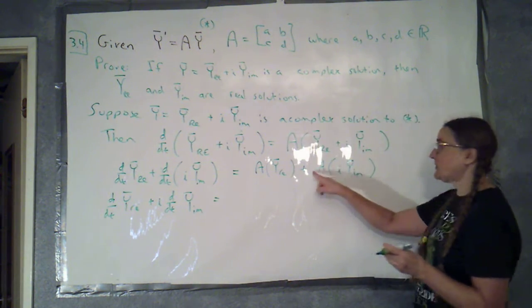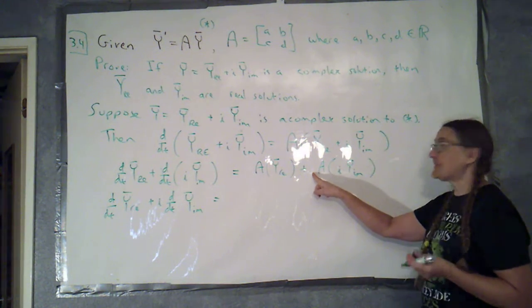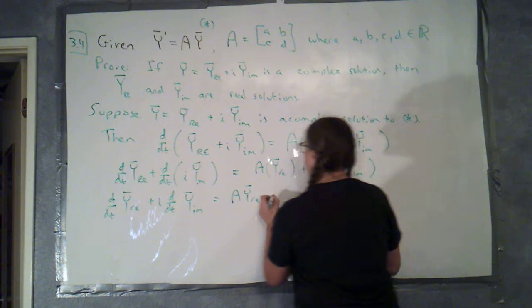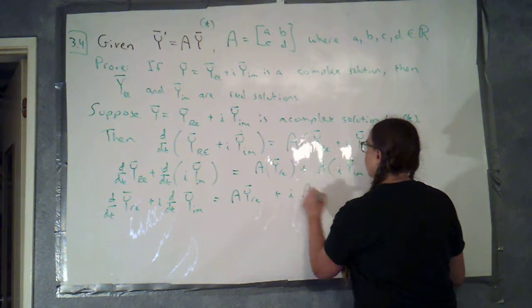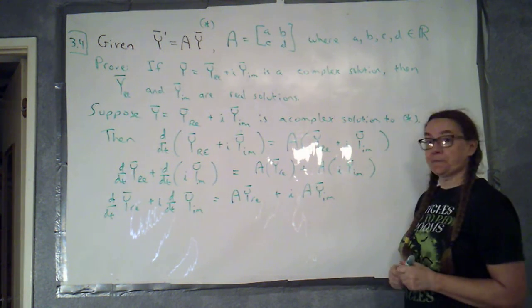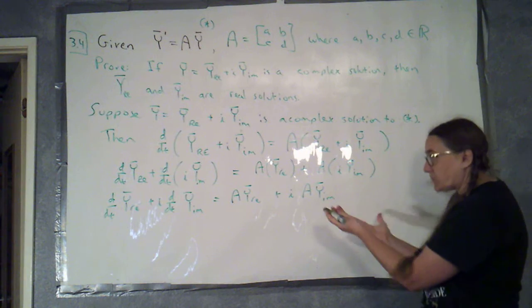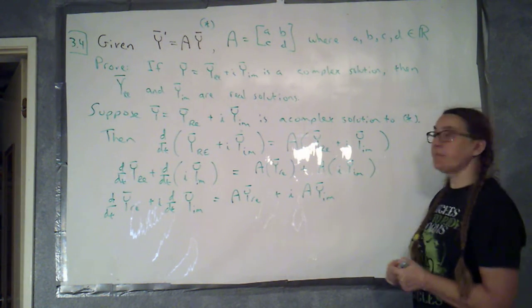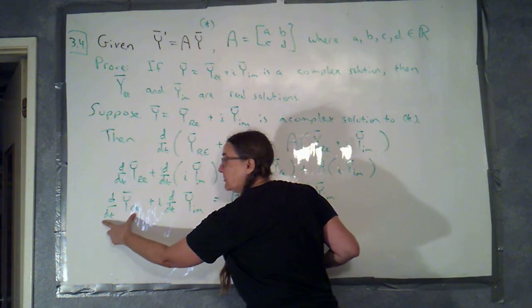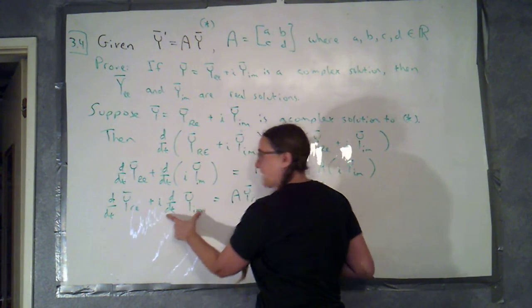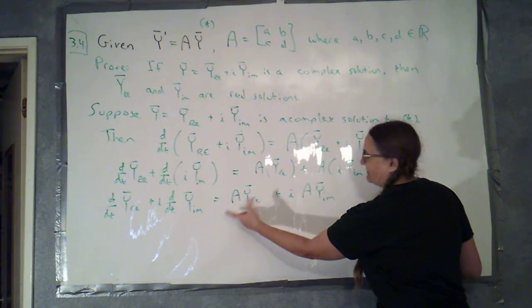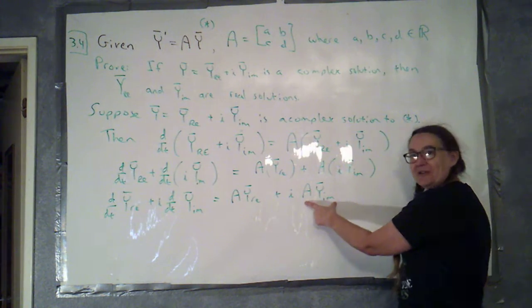Over here on the right, I'm also going to pull out the i, but that's the fact that scalars pull through matrix multiplication. So I'm going to have A times the real part plus i times A times the imaginary part. So, this is fantastic. I have simplified both sides. Notice both sides now are a real valued function plus i times another real valued function.